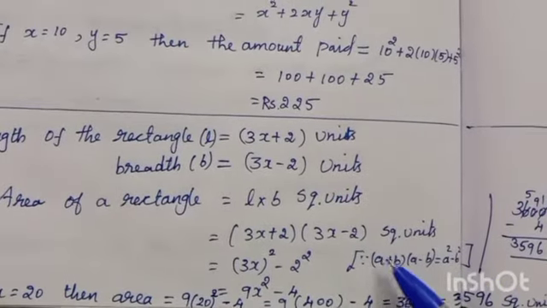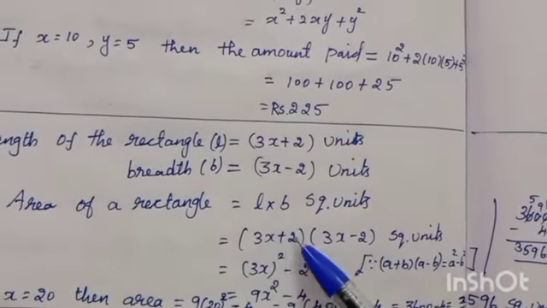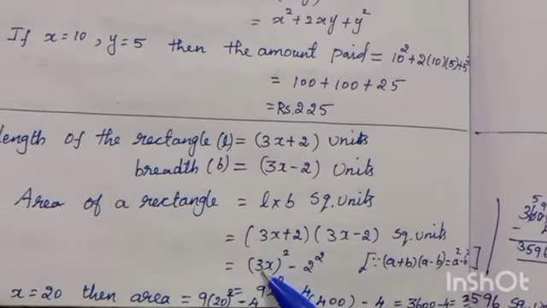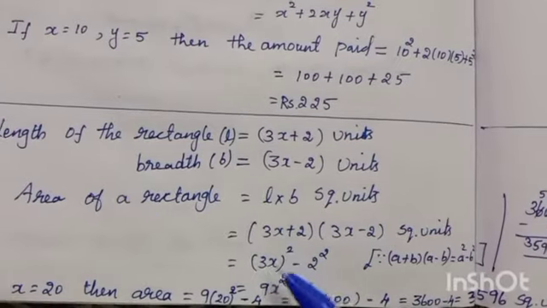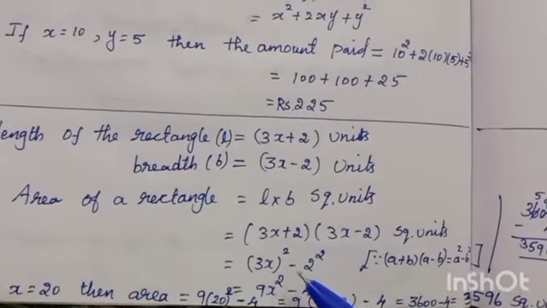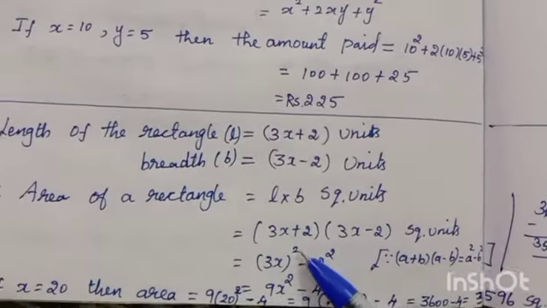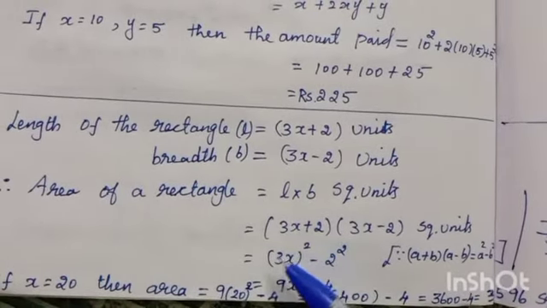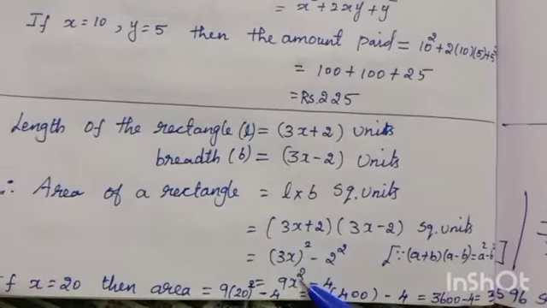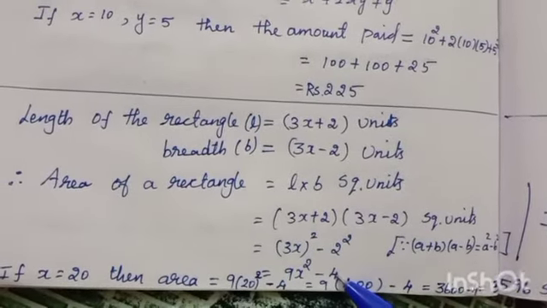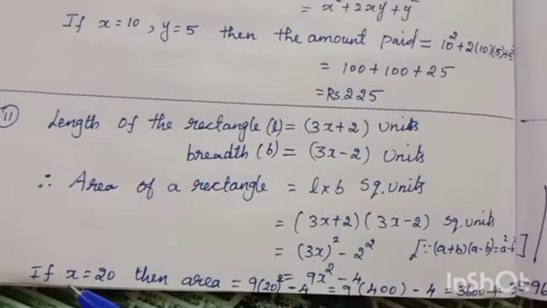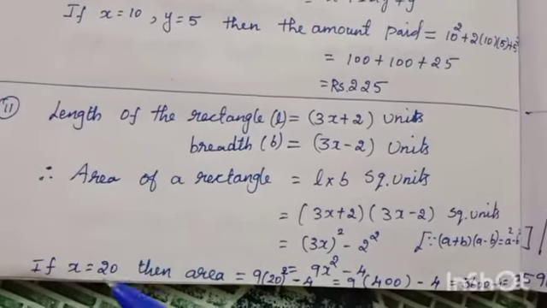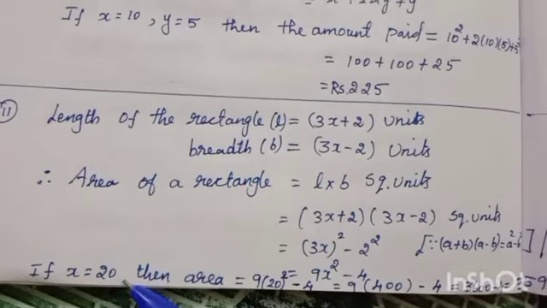In a place we have 3x, in b place we have 2. So that is a square, what do you write? (3x) whole square minus 2 square. This square is common for 3 and x square. So 3 square value is 9, it is x square. 2 square value is 4. For this product answer we have to substitute x is equal to 20.